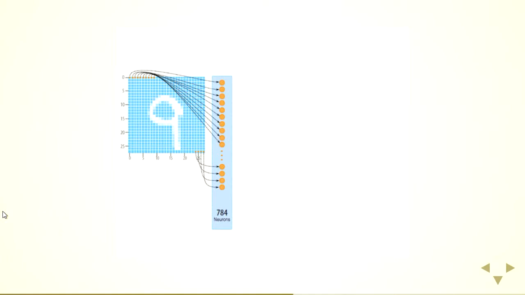Magic. Okay, so we have 784 neurons, one per pixel, and each neuron has a value 0 to 1 depending on whether it's black or gray. That'll be our input layer. That's how we get the stuff into the network.